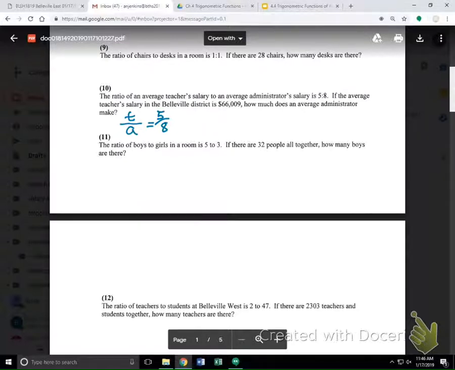So we know that teachers average out at 66,009. We're going to find what an administrator makes, x. Okay, so over here, we're going to cross multiply. We end up with 5x equals 8 times 66,009. 8 times that value, what do we get?